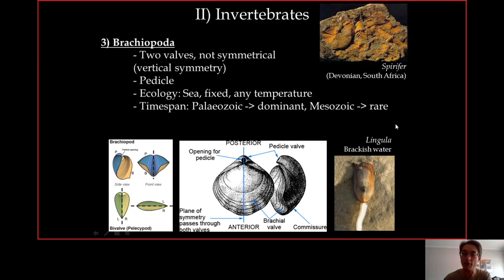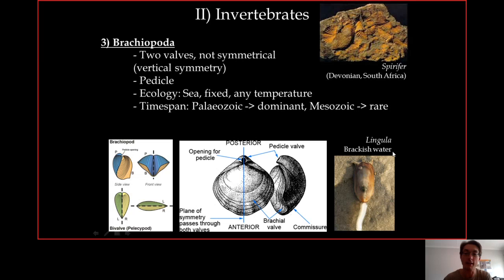So today you still have a bunch of surviving brachiopods like the lingula, and what's interesting about the lingula is that it lives only in brackish water. So I showed you earlier, like I think it was yesterday, I showed you the fossil of a lingula from the Devonian of South Africa, and it is a marker of brackish water.